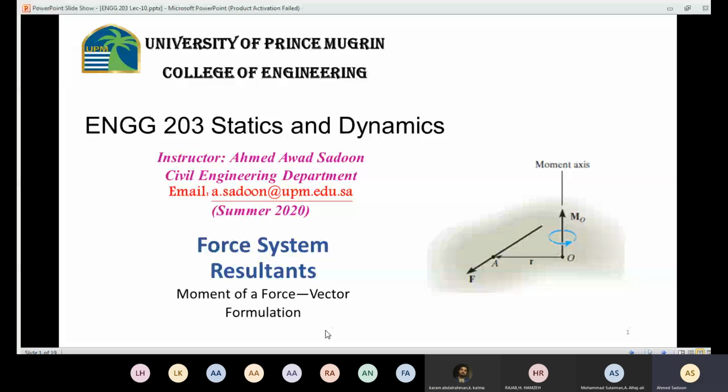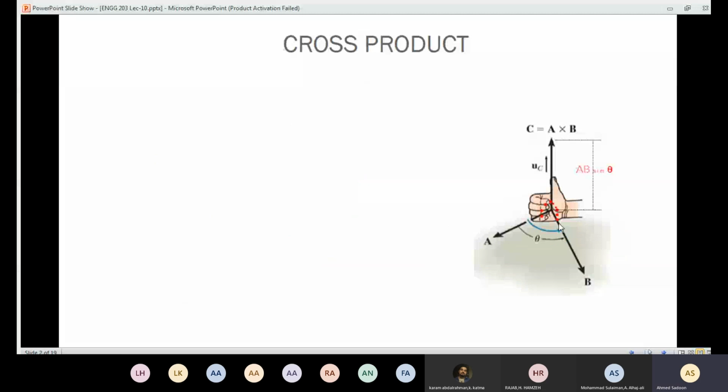So in order to review the mathematical background, we are going to show you what is meant by the cross product. If we have vector A and vector B, then the cross product of vector A and B will yield a new vector, which is C. So C vector equals A vector cross B vector.